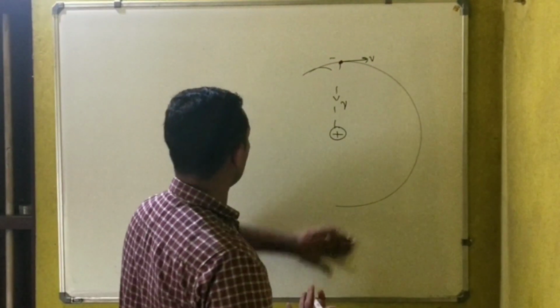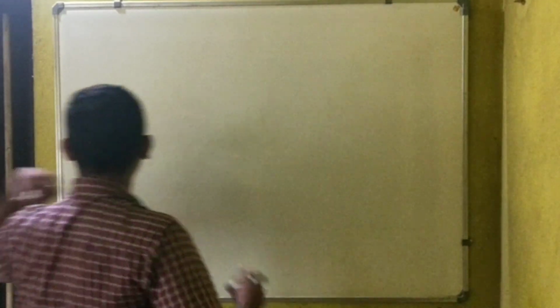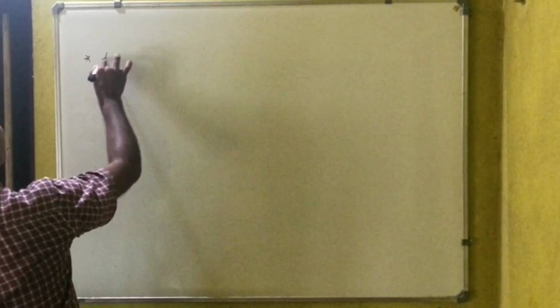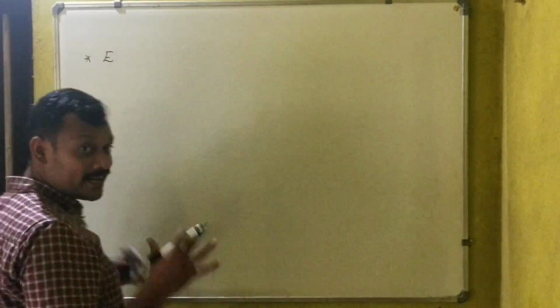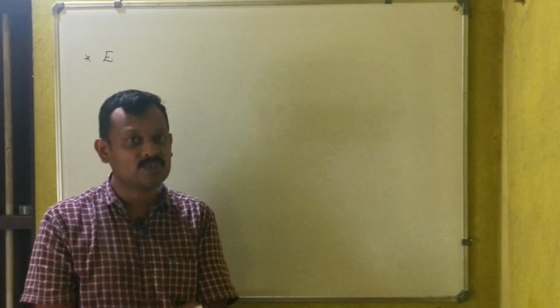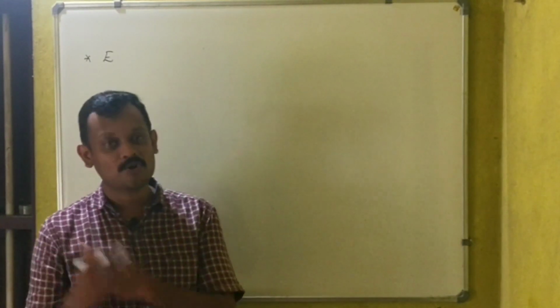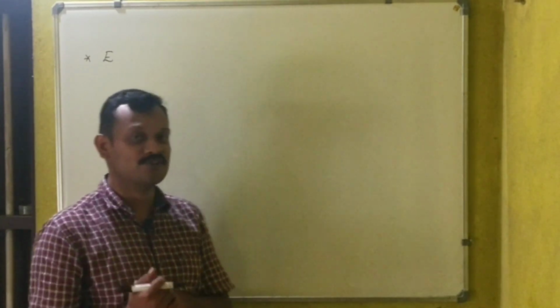Example number 12.3 states the binding energy of hydrogen atom is 13.6 electron volt. Binding energy means what? Sorry, the question says the energy required to separate a hydrogen atom into electron and proton is 13.6 electron volt.